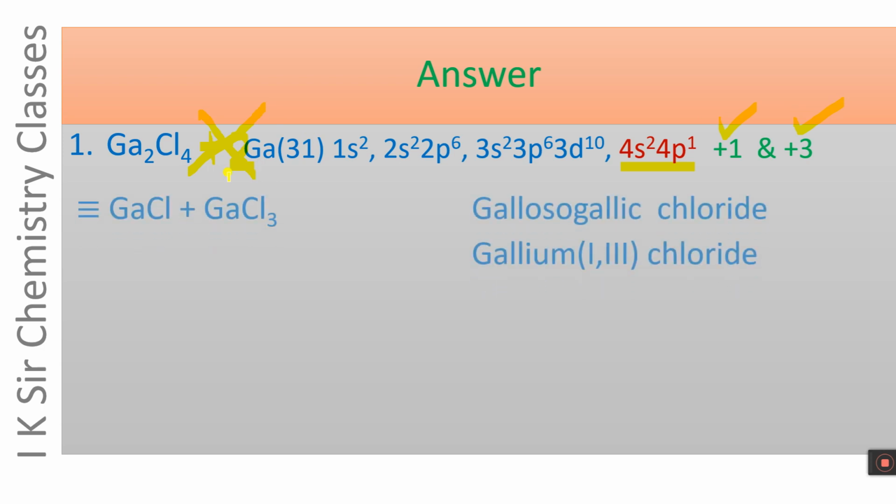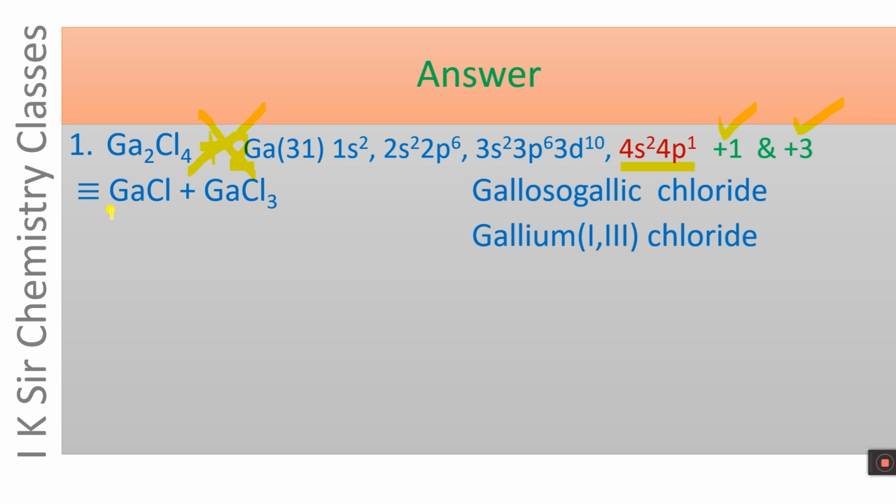Actually, Ga2Cl4 is made up of GaCl in +1 oxidation state and GaCl3 in +3 oxidation state, gallous chloride and gallic chloride. Therefore, the name of Ga2Cl4 is gallous-gallic chloride, and its IUPAC name is gallium(I,III) chloride.